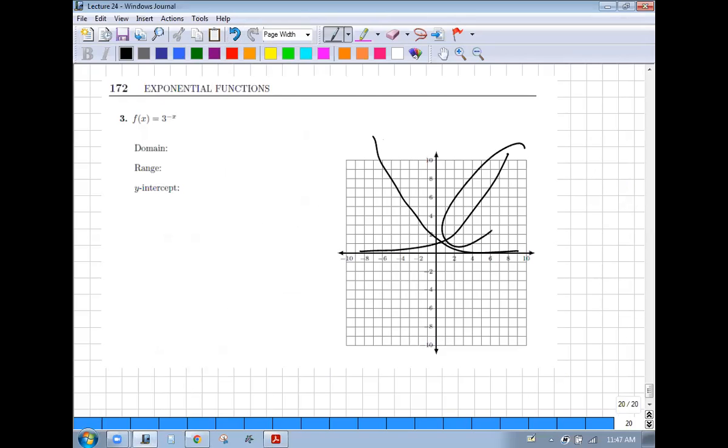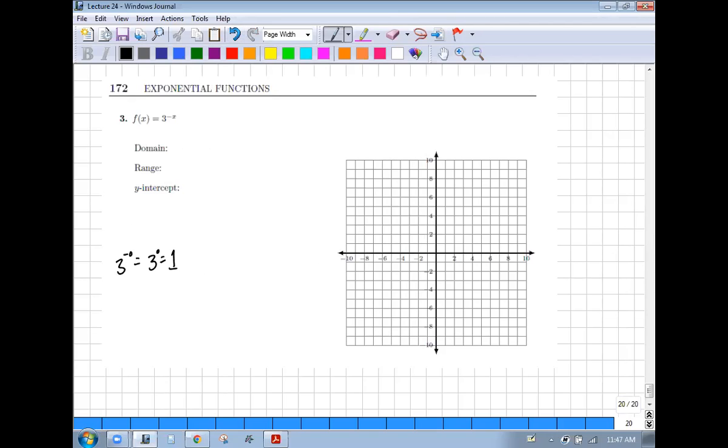What used to be positives, when you plug a positive number in, it would go up. Now you have to plug in a negative number because a negative negative is a positive. So when you plug in a negative, the 3 to the power gets a positive. So all it'll do is flip it. Okay, so let's look at this. 3 to the negative 0 is still 3 to the 0, which is 1.